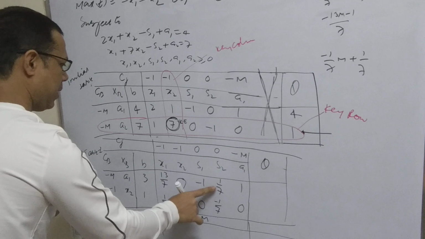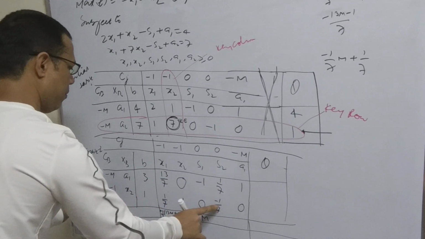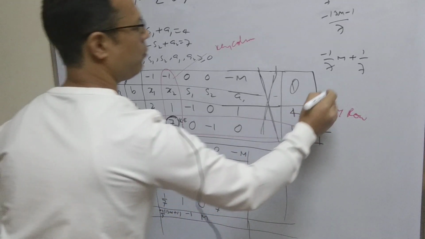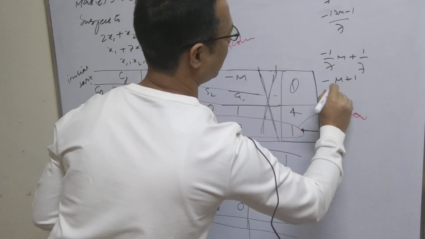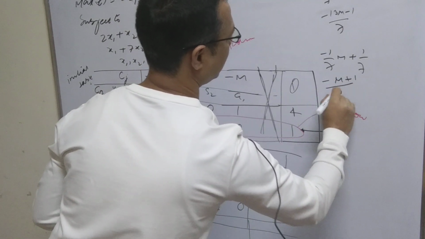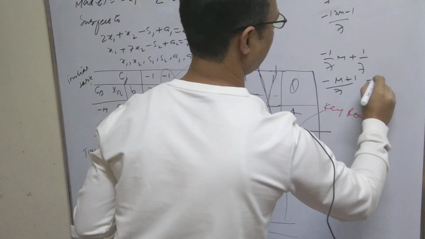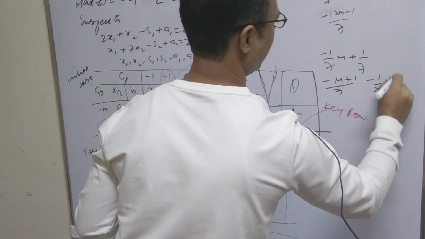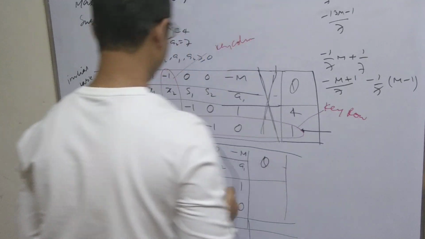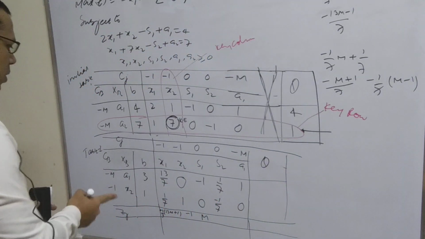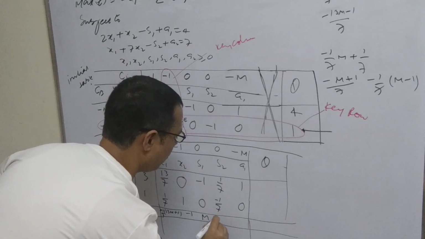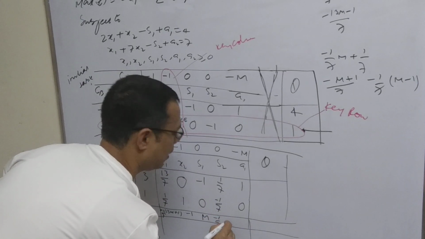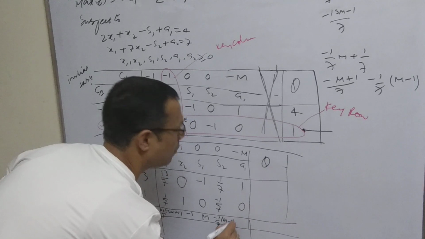So minus 1 by 7 m plus 1 by 7. If you add here minus m plus 1 by 7 and take minus 1 by 7 common, it is m minus 1. Am I right? Because it is just a mathematical calculation. So here you can write minus 1 by 7 into m minus 1.